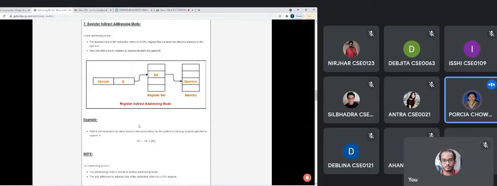I told you last class also, auto increment, auto decrement. That means you will increment the content by 1, or decrement the content by 1, before or after it is used as the memory location. Fine, that is auto increment or auto decrement.